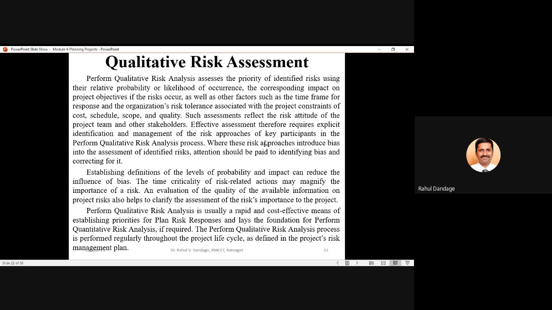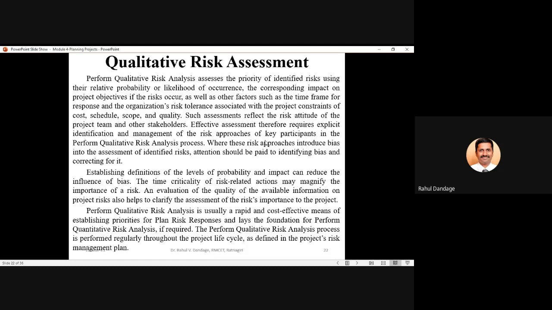So it is always desired and advisable that the explicit identification and management of risk approaches from key stakeholders should be involved in the perform qualitative risk analysis process, where these risk approaches introduce bias into the assessment of identified risks.